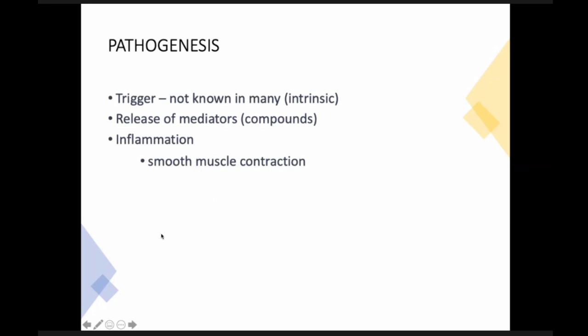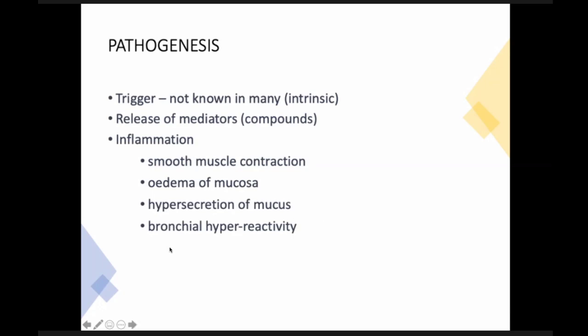There's a contraction of the smooth muscles, there's edema of the mucosa, there's a hypersecretion of the mucus, and there is increased sensitivity of the bronchial inner lining or mucosa.